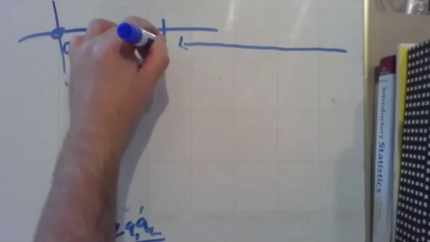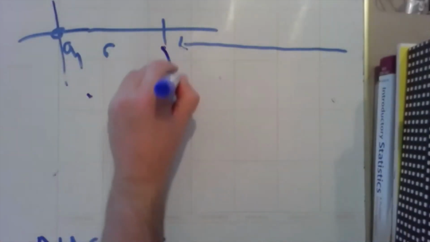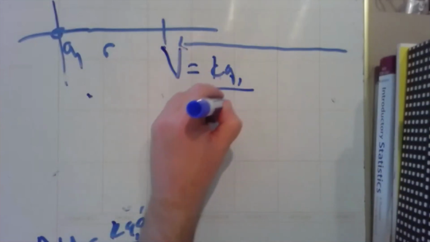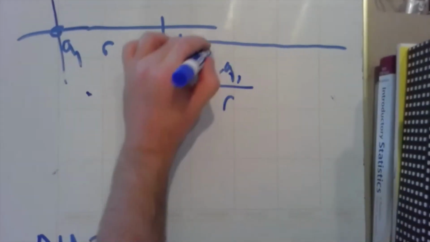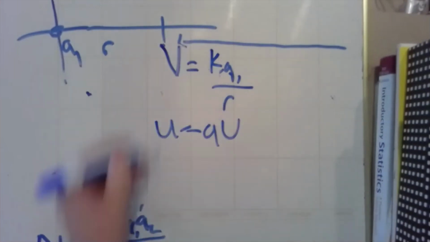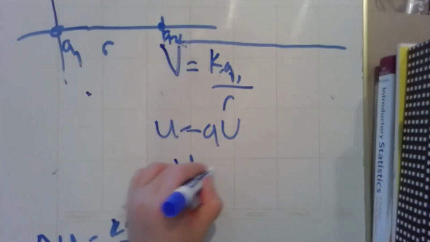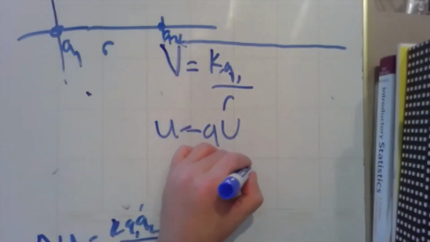My potential difference in relation to infinity right there at that spot is kQ1 over R. Then U is just Q times V. Oh, well, I put a second charge there now. So the energy will be, just take that times kQ2.